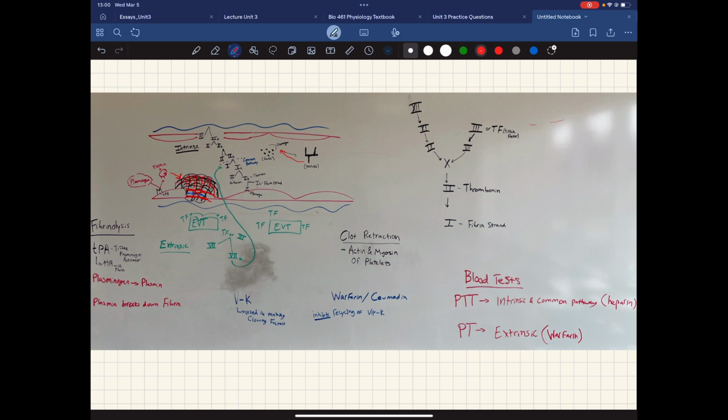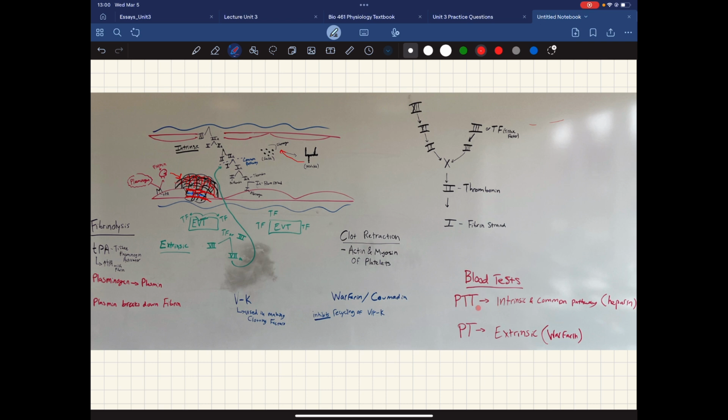To remember this, you want to remember that PTT has to do with the intrinsic and common pathway, which is with heparin, because I believe heparin is released from the endothelial cells. We want to remember that PT has to do with the extrinsic pathway with warfarin. So PTT, two T's together, they're hugging, they're connected.